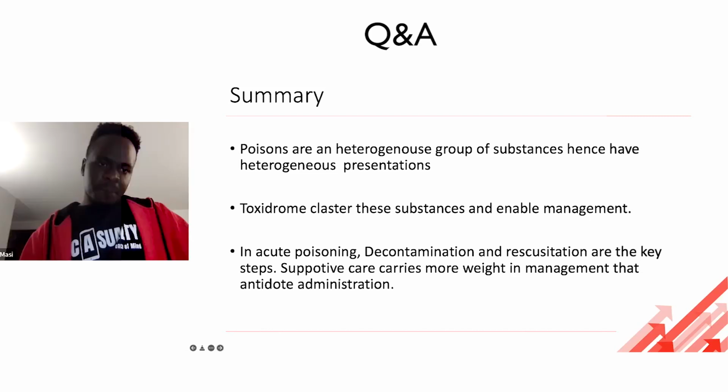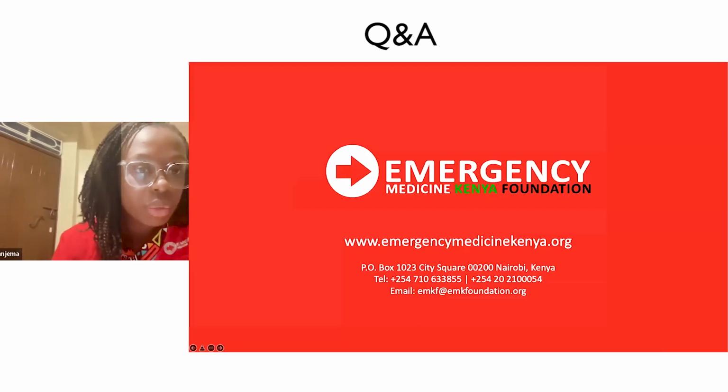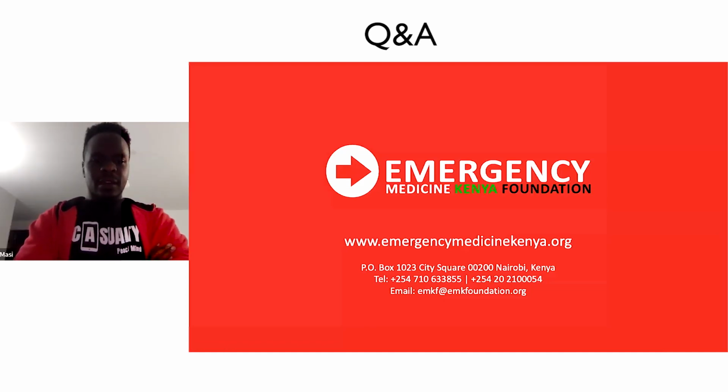Someone else asks, in a patient who's taken OPP but doesn't have secretions, the chest is clear, is atropine indicated? So a patient who has organophosphate poisoning, the chest is clear. Look at your secretions. I think that is the important part. The chest could be clear, but the oropharynx could have copious secretions. So secretions anywhere, you need to give atropine.